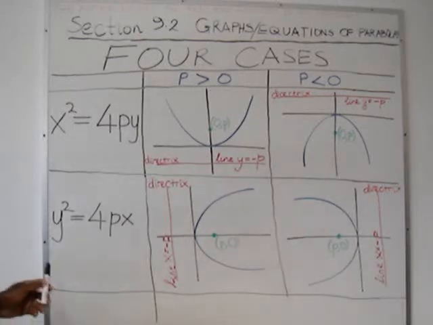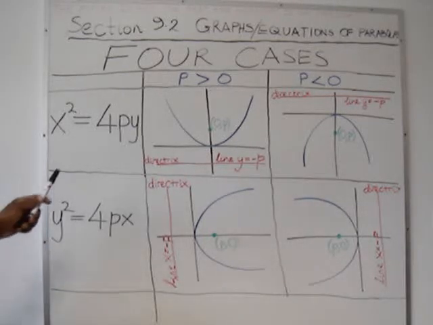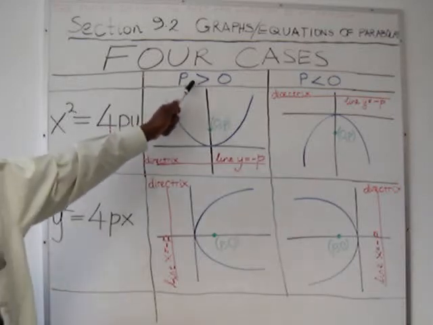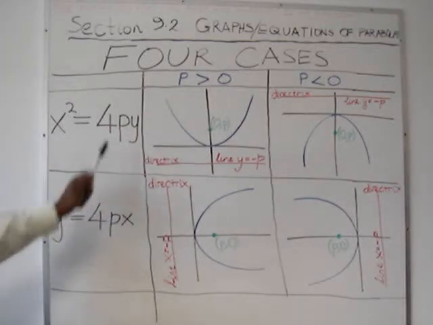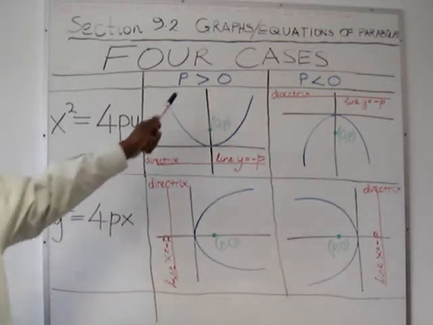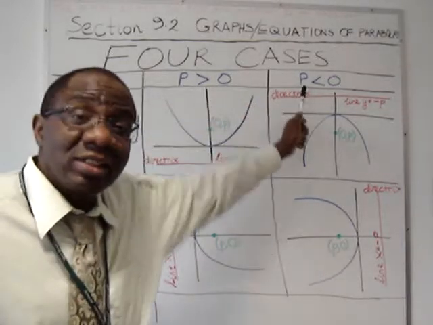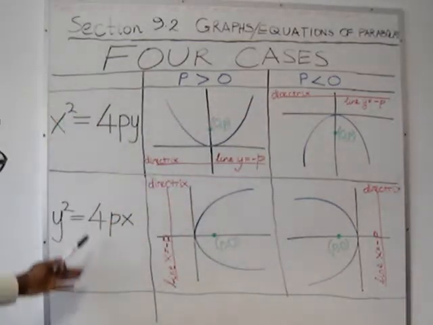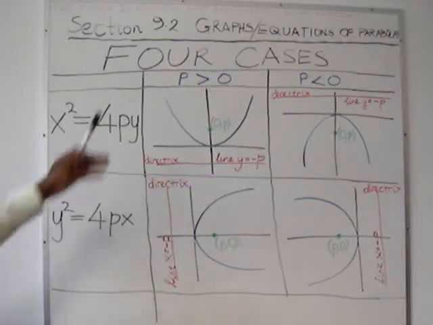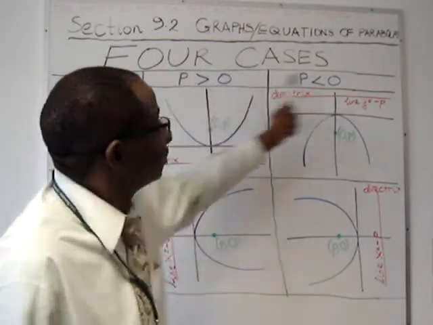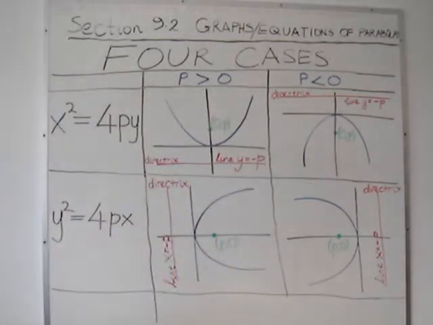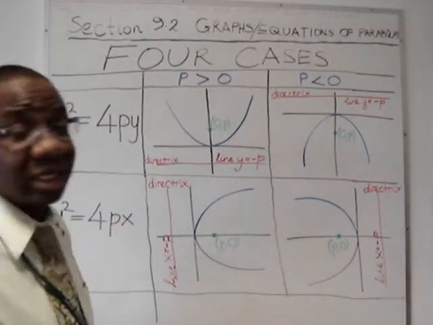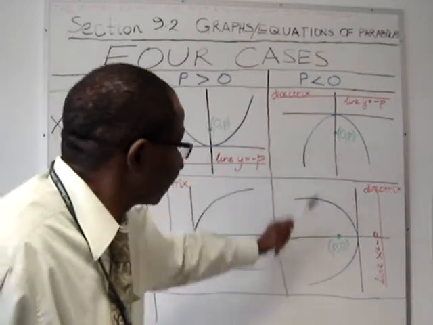Now you have the 2 cases where p, this special p that we've been talking about, is either greater than 0 or less than 0. So when you have 2 things on the left that can go with 2 things at the top, how many cases do you have total? 2 times 2, and you have 4 cases total.